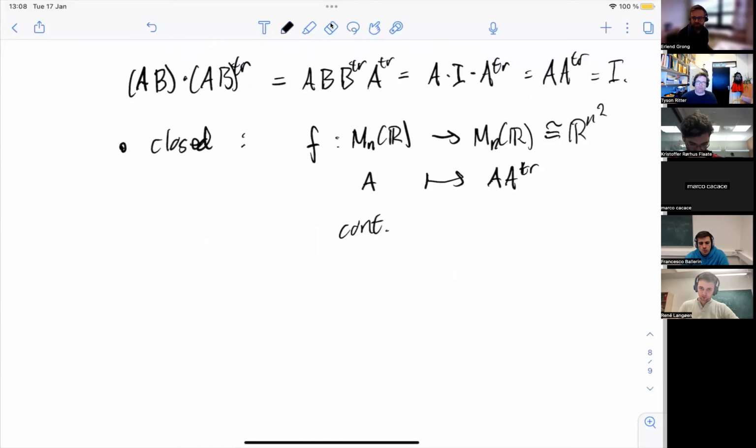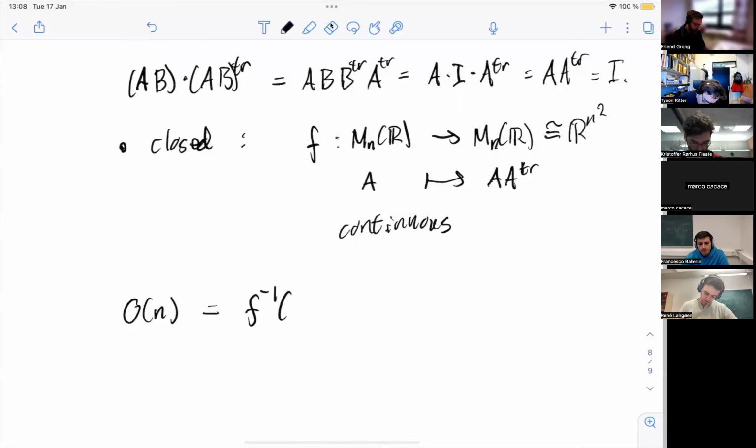The answer is almost always that it's a polynomial. Matrix multiplication is just a polynomial. If I take this map, then O_n is just the level set of the identity. It's all the elements that go to the identity.